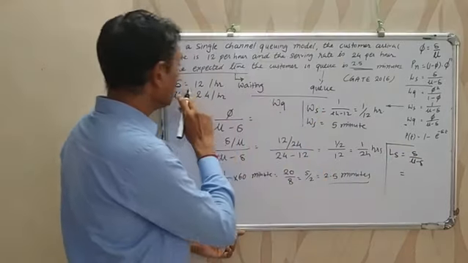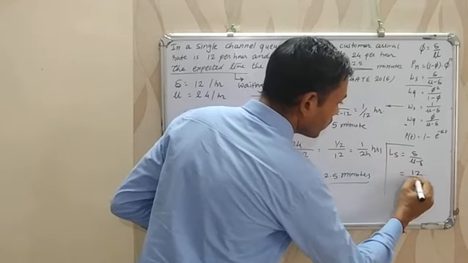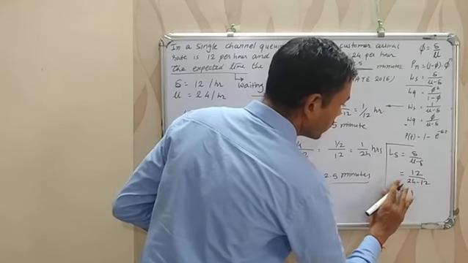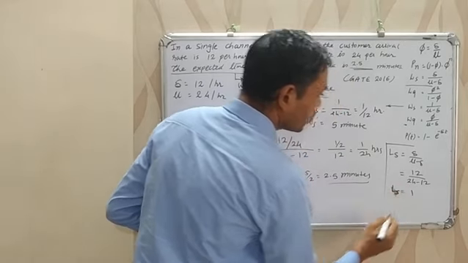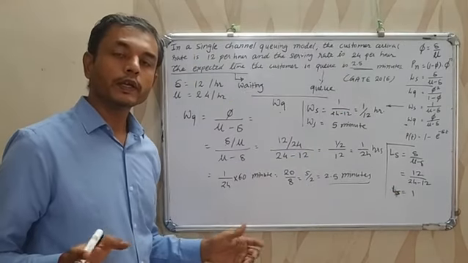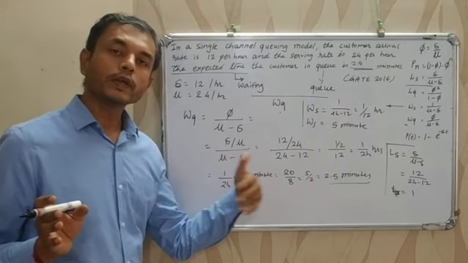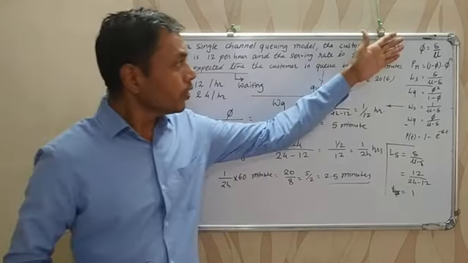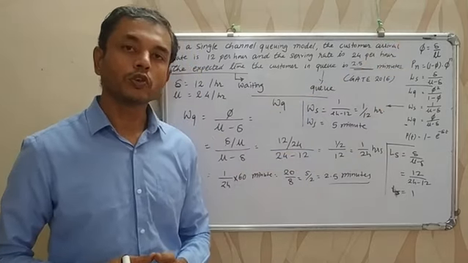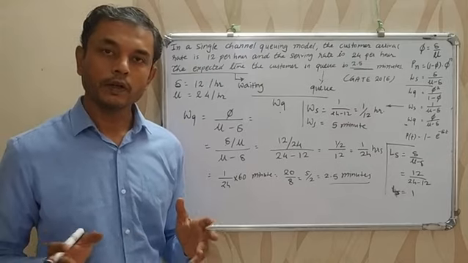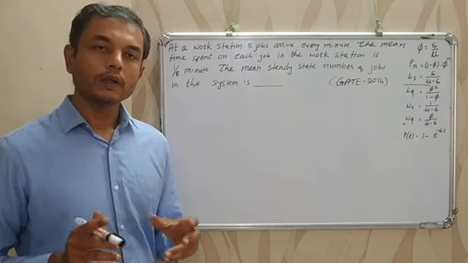So that is 12 divided by 24 minus 12, that is equal to 1. So the number of customers waiting in the system is 1. So clear? In this way we can solve the example. You have to remember these basic equations of the queuing model. Clear? Now let's discuss another example.